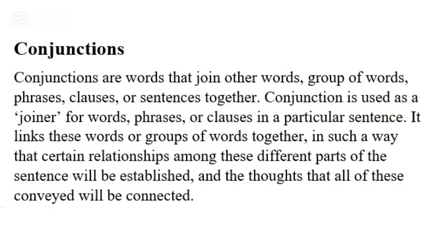They play a vital role in the structure of language, but are often overlooked in favor of other parts of speech, like nouns, verbs, prepositions, and the rest. But conjunctions are very crucial and very important in sentence structure.